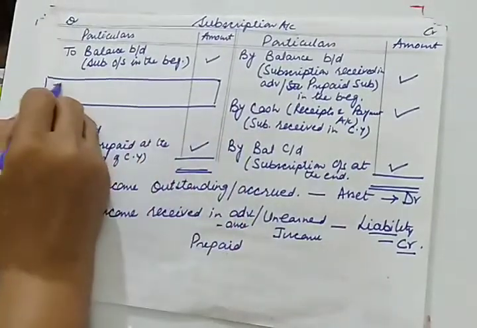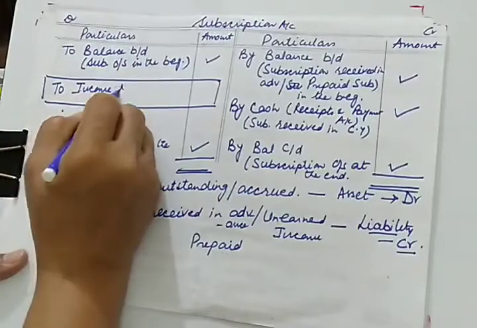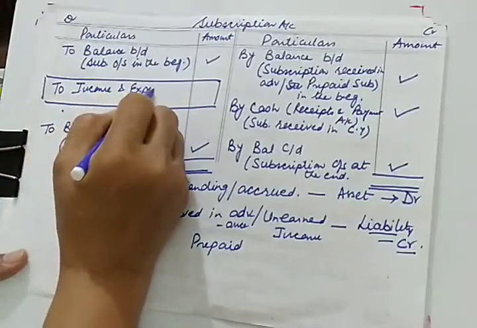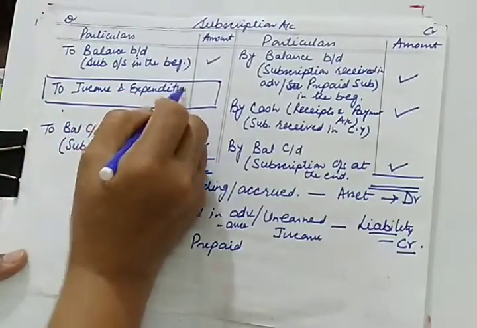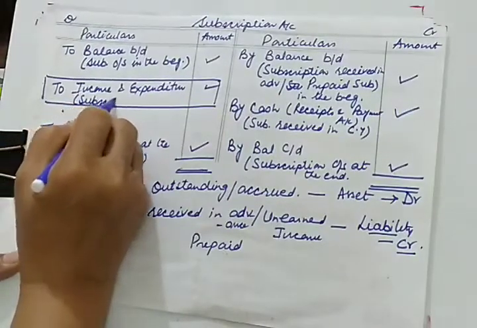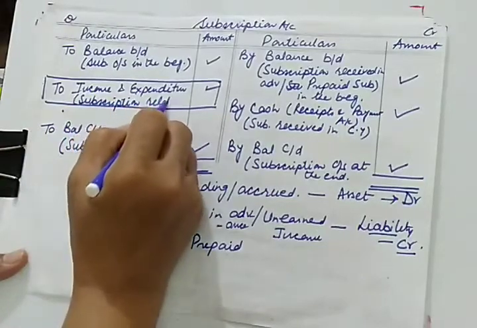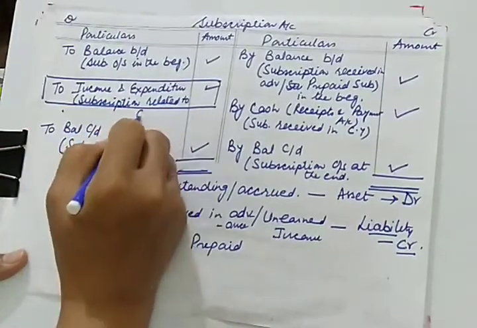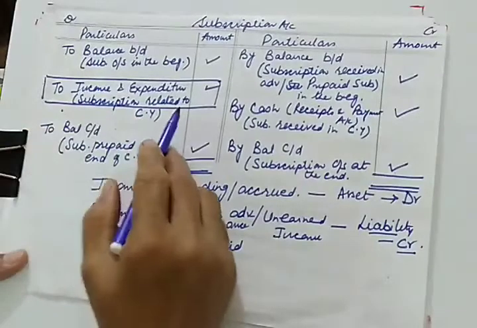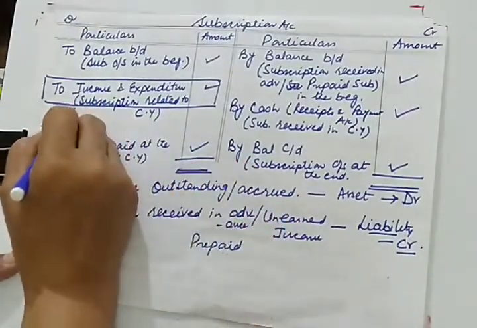So our balancing figure will be to income and expenditure account. This is the subscription which is related to current year, or subscription of current year. So this is also a balancing figure.